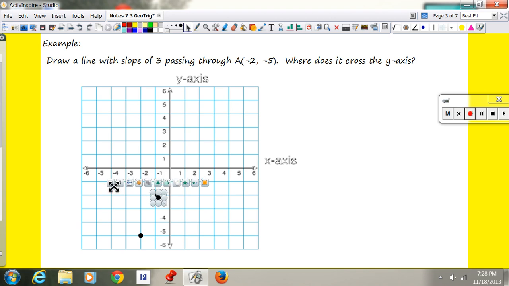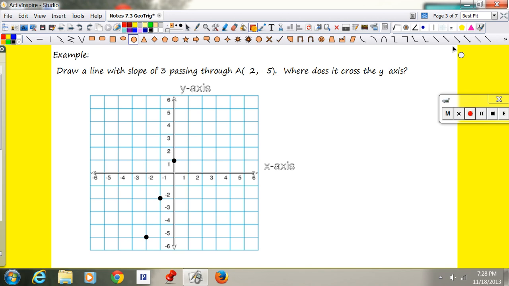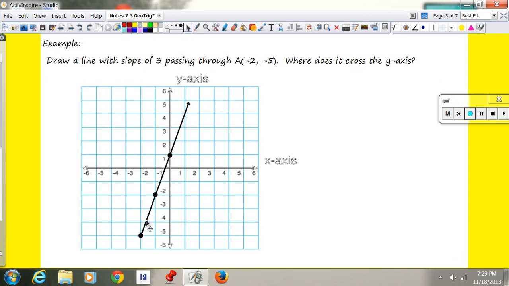And I should probably do it again. Rise 3, and run 1. Rise over run, rise over run, and so on all the way up. Your line would look like this. That line would have a slope of 3, and it would pass through the point -2, -5.